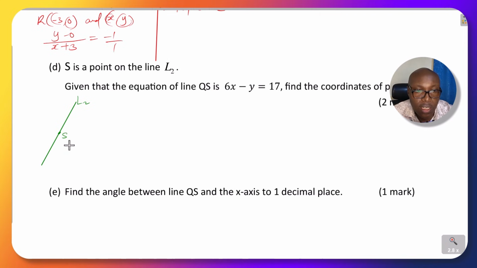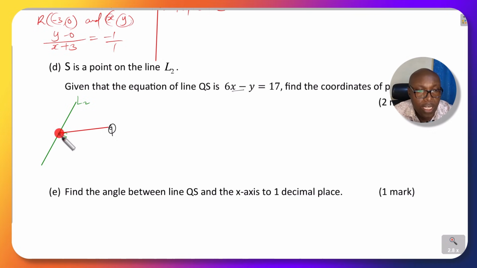So let's say S is there, and then we have QS. This is Q, and this is S. You can see this is L2, and point S is on that line. And the equation of QS is given, which is 6x minus y is equal to 17.